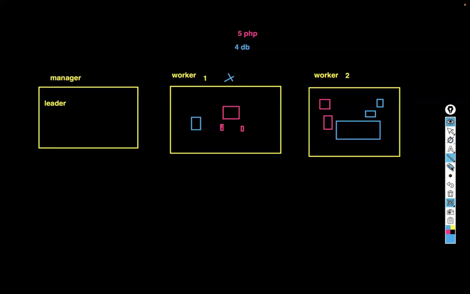It will keep the same number. How will it keep the same number? By starting 3 more PHP here, correct? And 2 more DB here, making the number available again. There were 5 and 4, even though some of them got terminated.